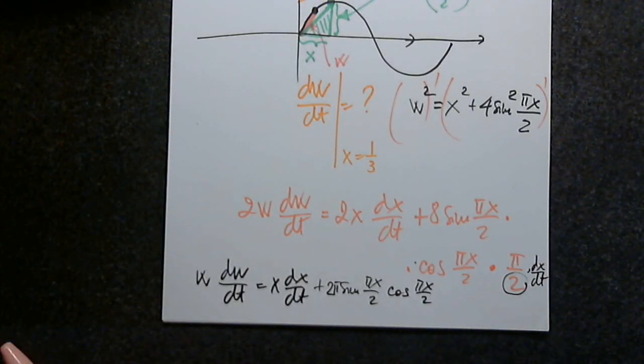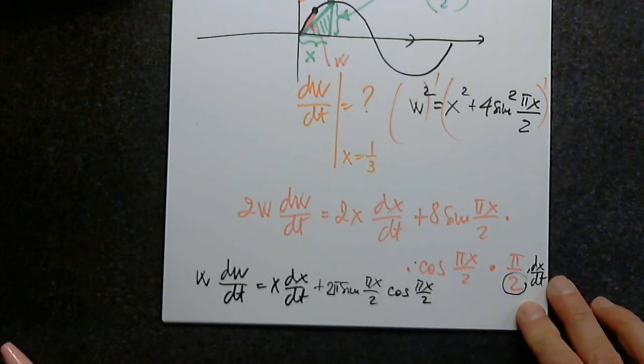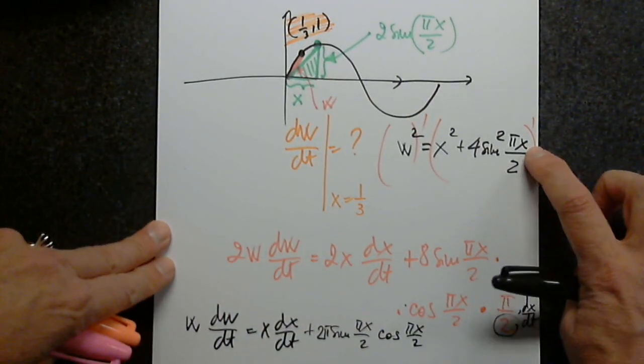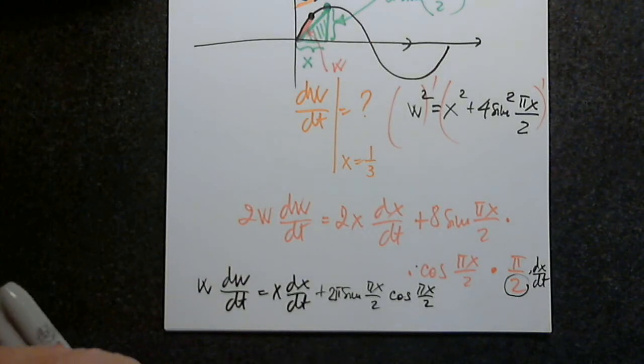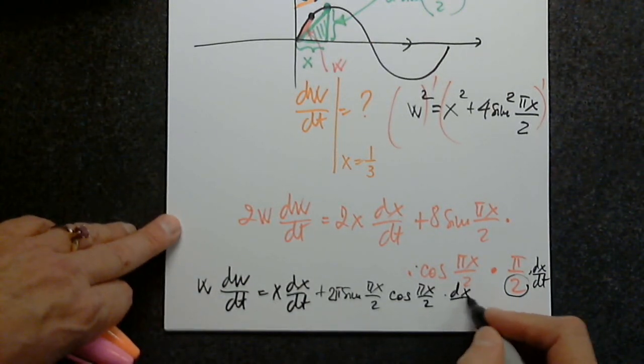So when I differentiate pi x over 2, it is pi over 2, but x is a function of time, so I need dx over dt. So of course, times dx over dt.